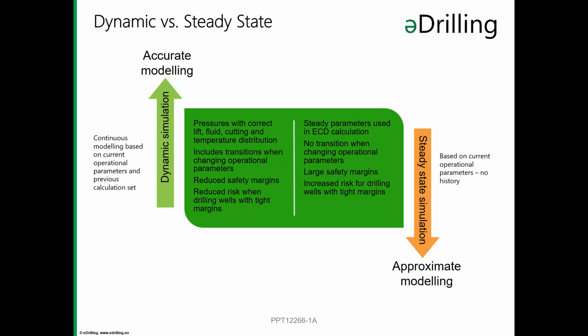The main difference between dynamic modeling and steady state modeling is that you are basing it on the real-time measurements you have now, but also the history. So every simulation step is building up to where you are now. That means you have more accurate modeling, you can have reduced safety margins, and you reduce your risk when drilling wells with tight margins.